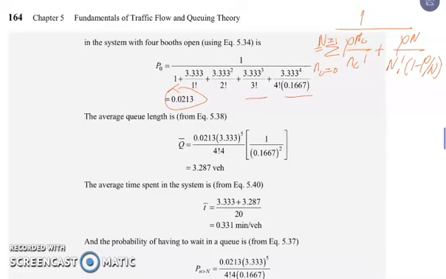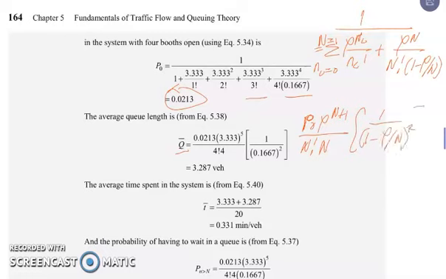0.0213. Now, what will be the average queue length? That is denoted by bar Q. The formula here is P sub 0 multiplied by rho raised to n plus 1 all over n factorial, multiplied by n, then multiplied by 1 all over 1 minus rho all over n, raised to the second.